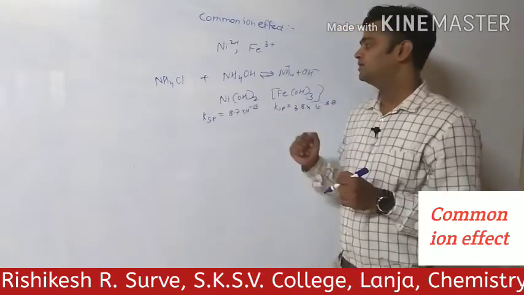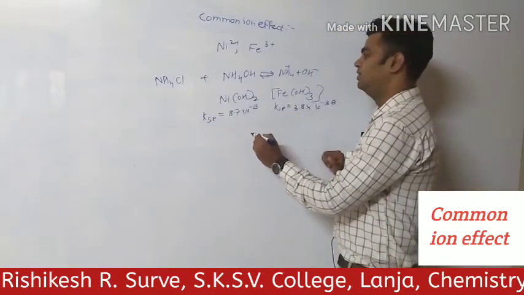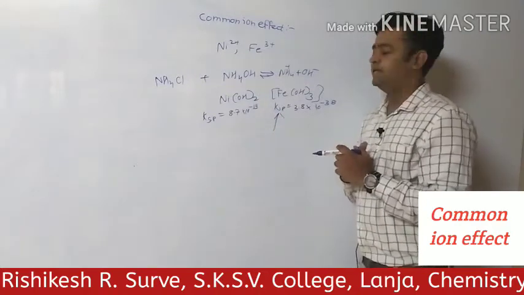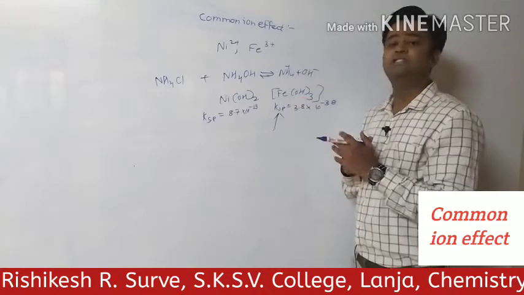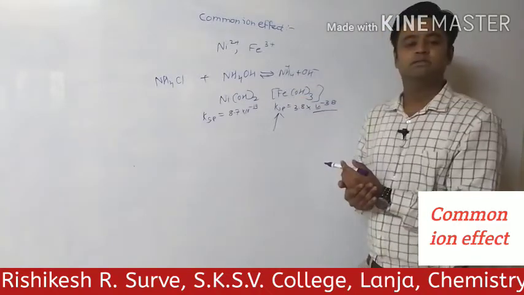And due to that, only the Ksp of Fe(OH)3 will be reached, because the concentration is less.